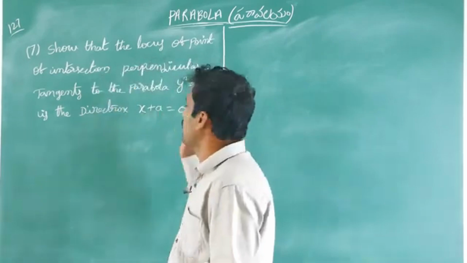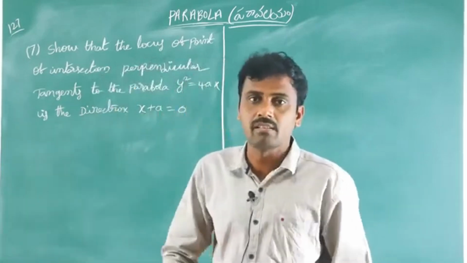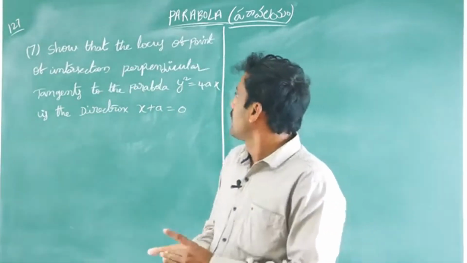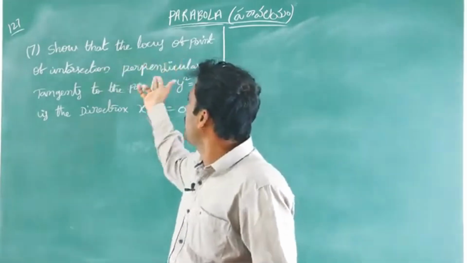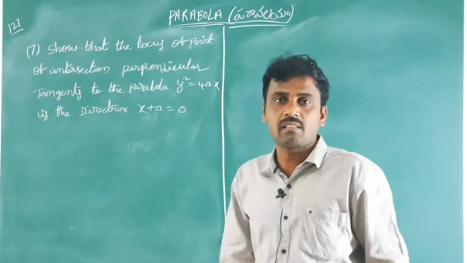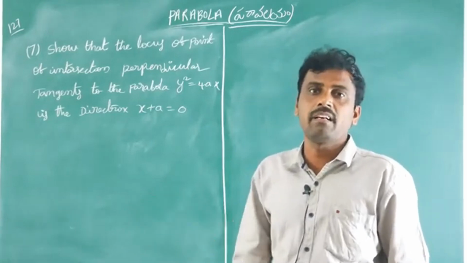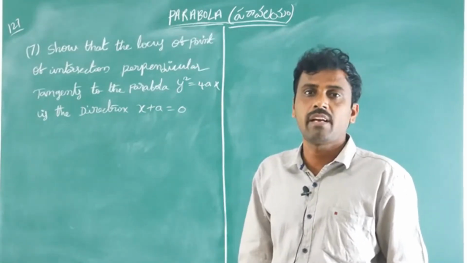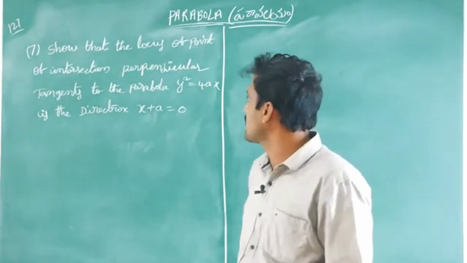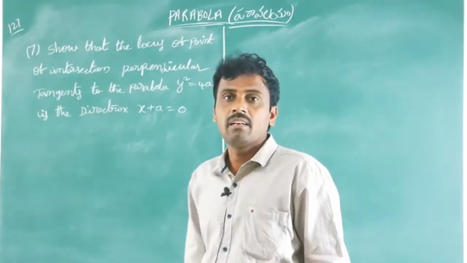Given parabola is in standard form, y² = 4ax. The locus of the point of intersection of perpendicular tangents: there are two tangents which are perpendicular.